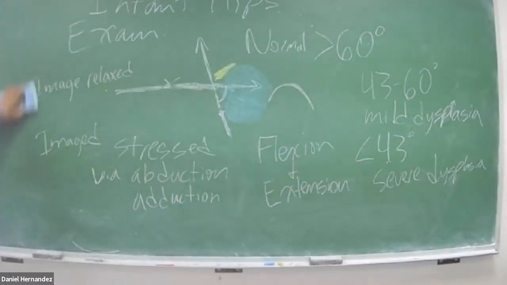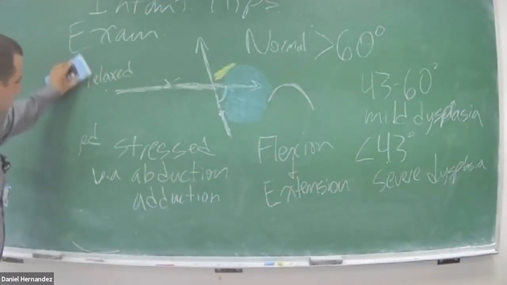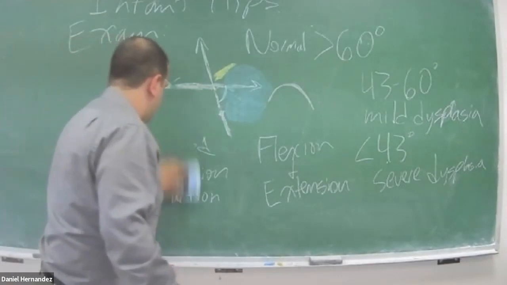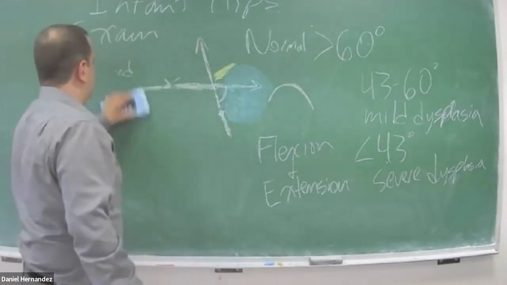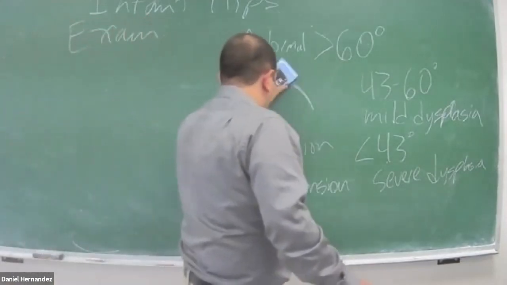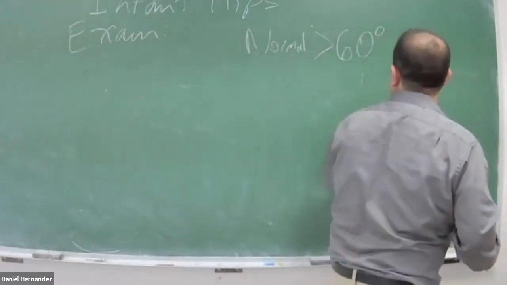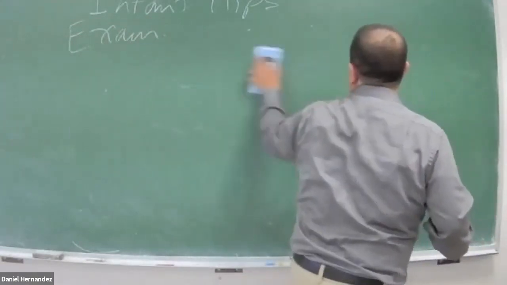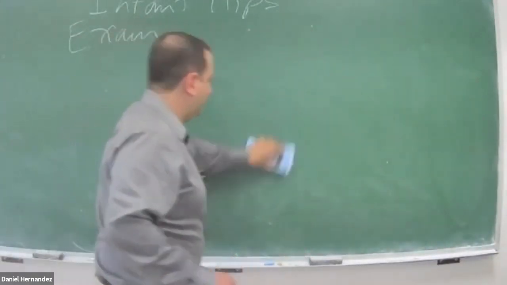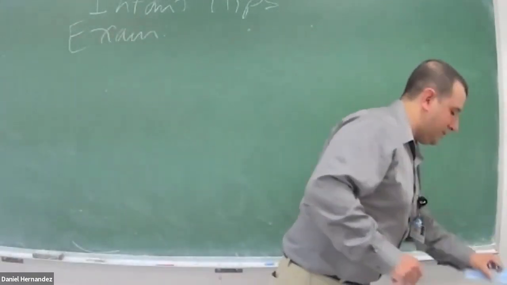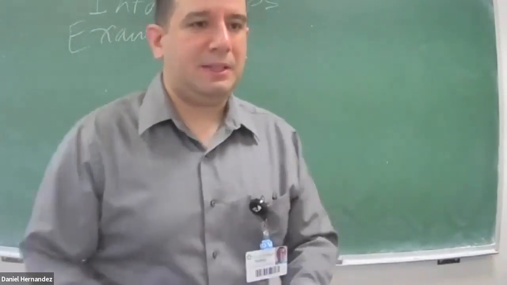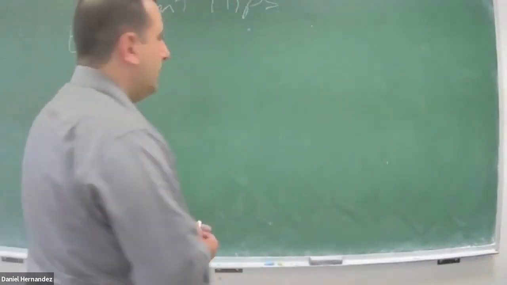Then we're going to also perform our transverse view. In our transverse view, there aren't any measurements that we have to acquire. We're just performing stress on the hip to try and visualize that the hip sits nice and low.